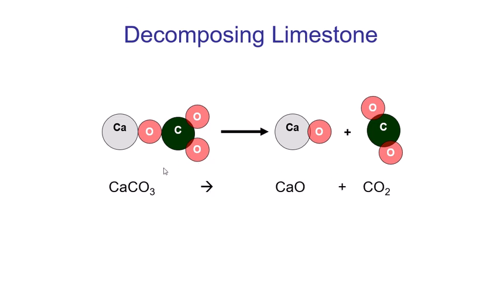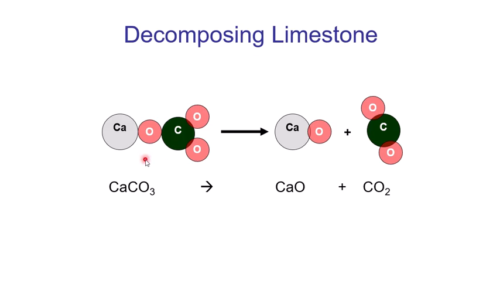Okay, so this is calcium, one carbon, three oxygens all joined together. So the formula for it is CaCO3. One calcium, one carbon, three oxygens. On the right hand side, one calcium joined to one oxygen, CaO, and carbon dioxide, CO2.